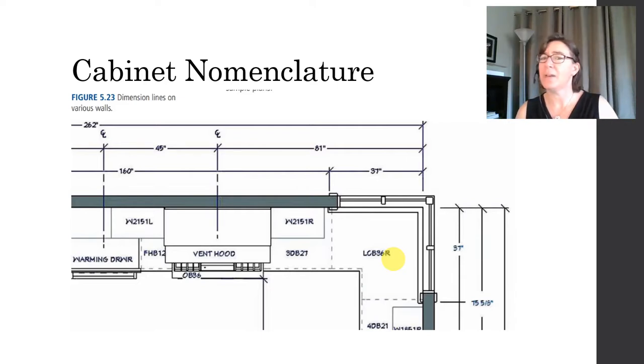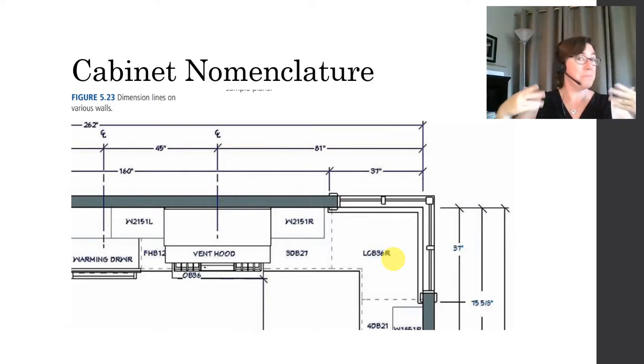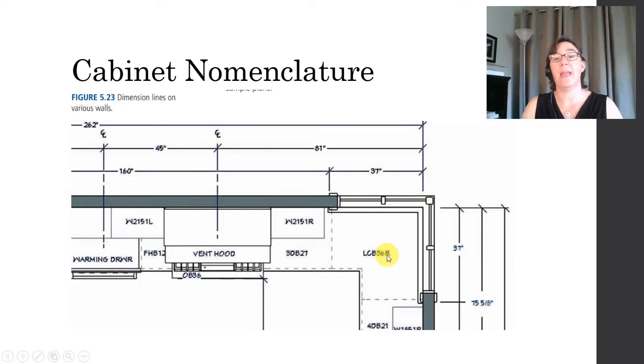Might be Lazy Susan, I'm really not sure. They're not showing a Lazy Susan. So you would really have to know what manufacturer and look at their codes to find out. The 36 is probably the distance to the corner right here, 36 inches. And the R is going to be the right-hand hinge for the door, so your hinge is going to be right here.